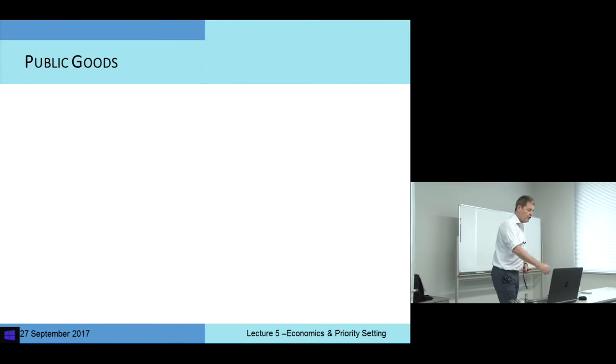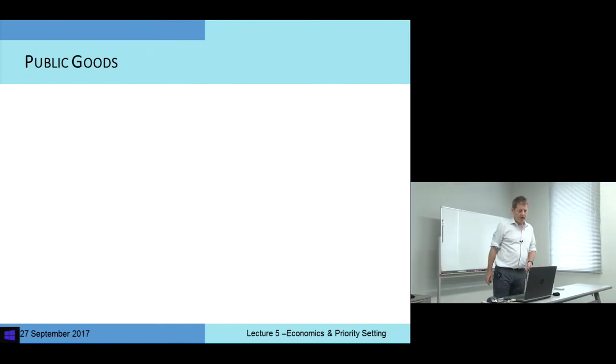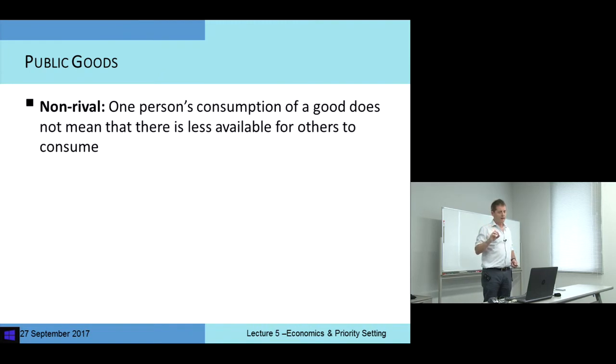Right, public goods. Now, for economists, public goods have a very specific meaning. It's got two characteristics. A good that is non-rival and non-excludable. Let's take non-rival first of all.